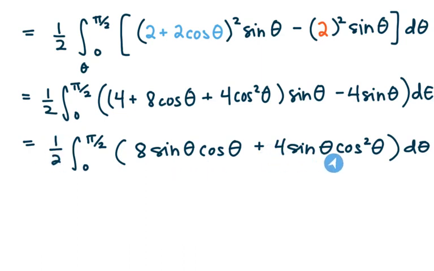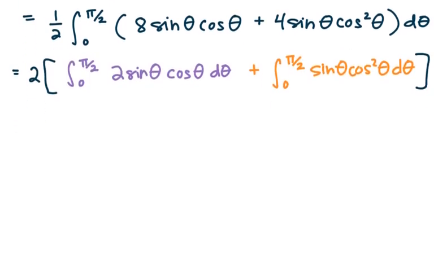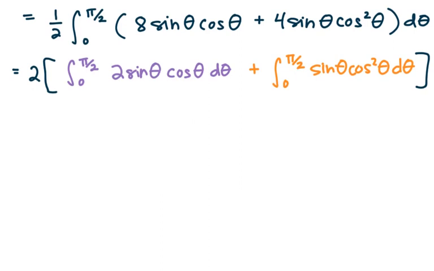And then each of these can quickly be evaluated using a U substitution. So now I factored out my 4, and I separated each of these so I can perform my U substitution. For the first one, I'll say u is equal to sine theta, and of course that means du, the derivative of sine, is cosine theta d theta.